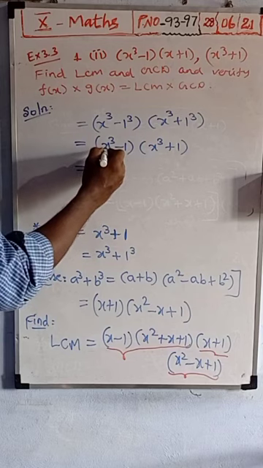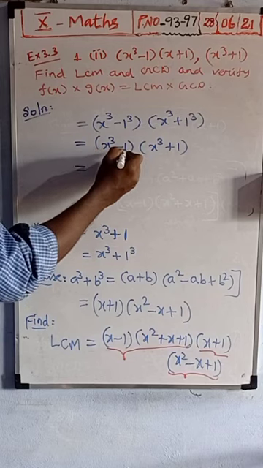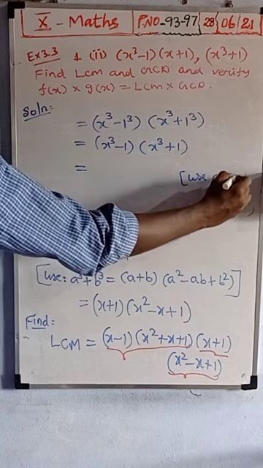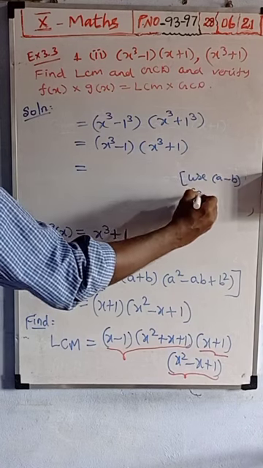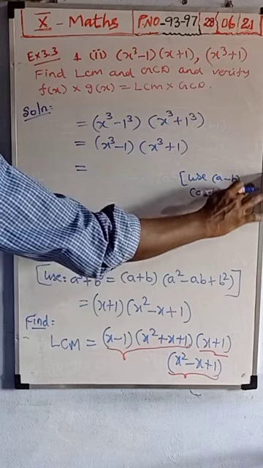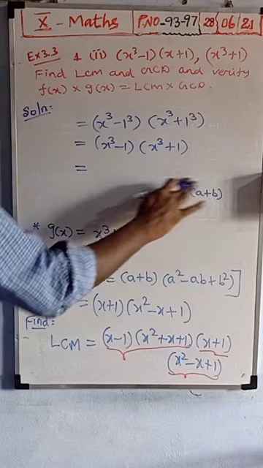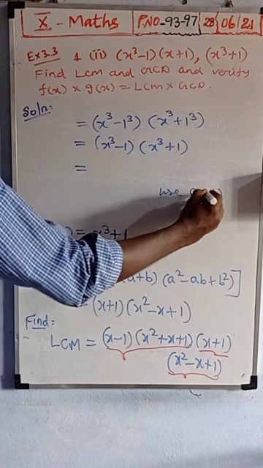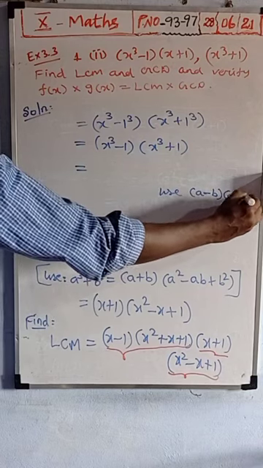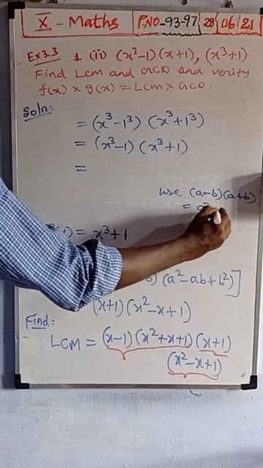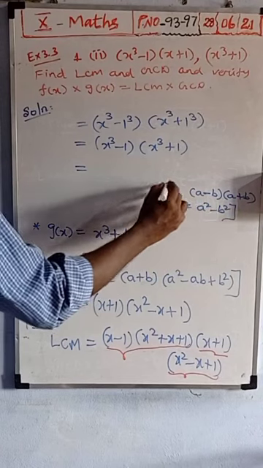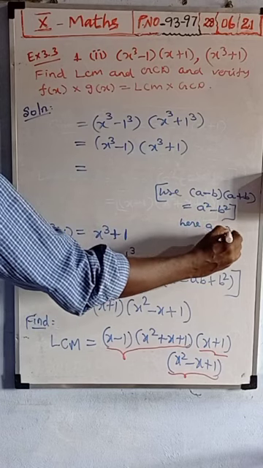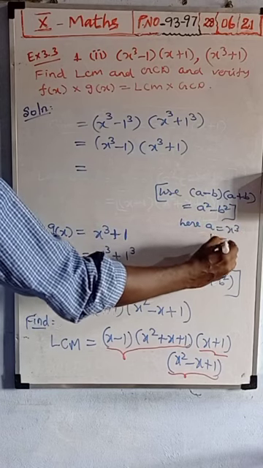Here we have a minus b into a plus b. What is the formula for this? A minus b into a plus b is equal to a square minus b square. So instead of a, here a is x cube, and b is 1.